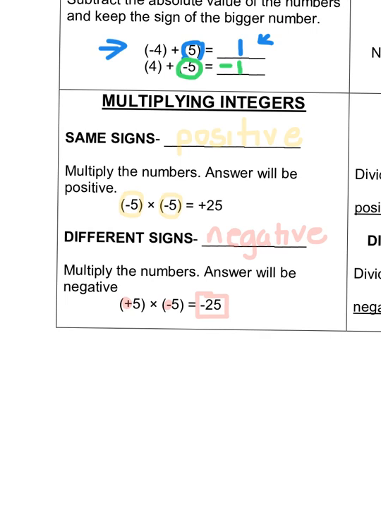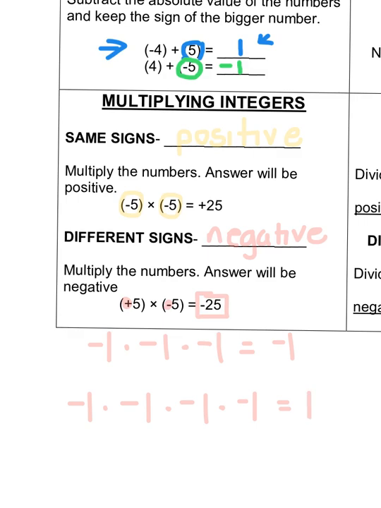I want you to notice one more thing. If you have 3 negatives, that will give you a negative answer. However, if you have 4 negatives, that will give you a positive answer.